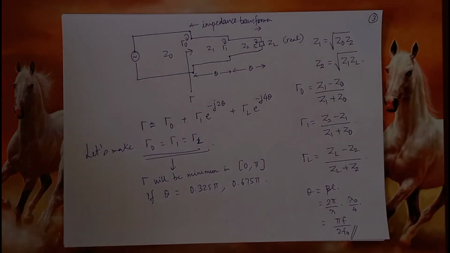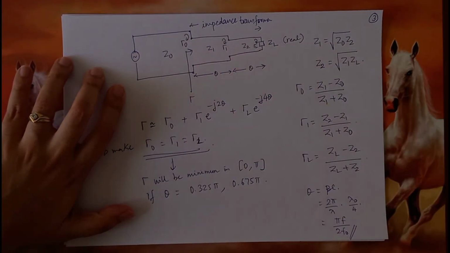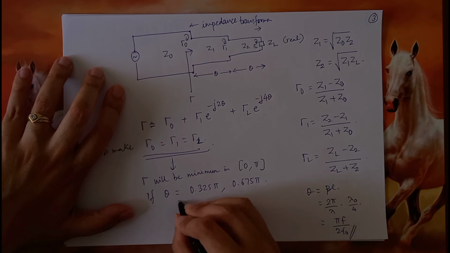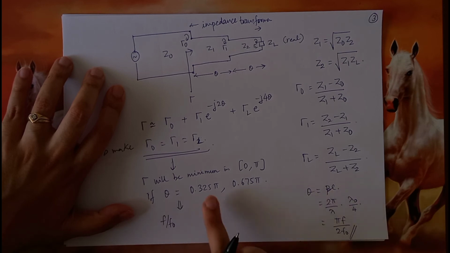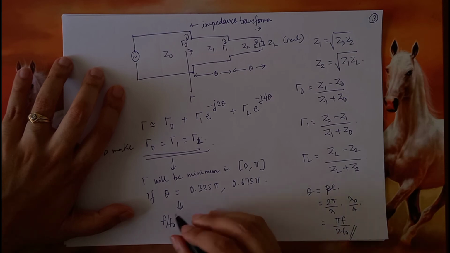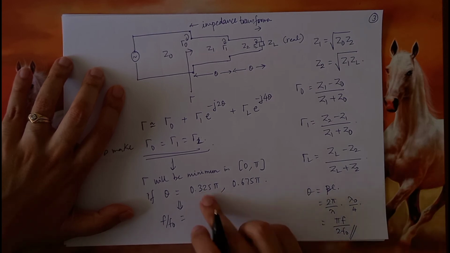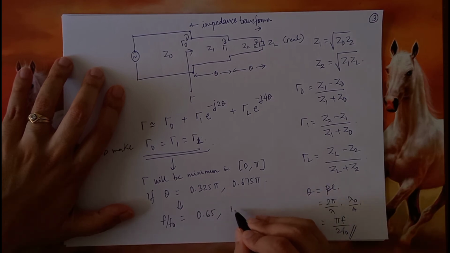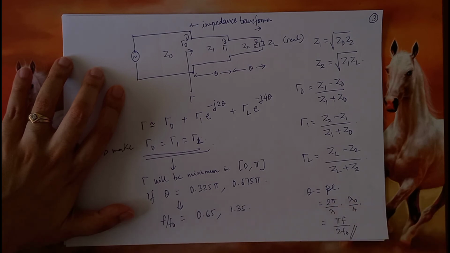But in this case, when we have two transmission lines, you can equate these two to this quantity and find out the values of f by f0 for which gamma becomes minimum. You will find that the value of f by f0 will be essentially twice of this, that is 0.65 and 1.35. Yes, 0.675 into 2 is 1.35.